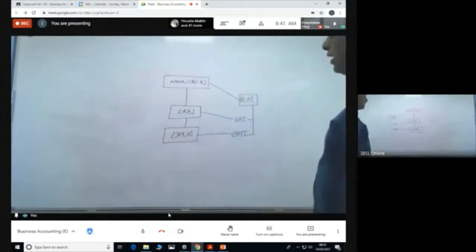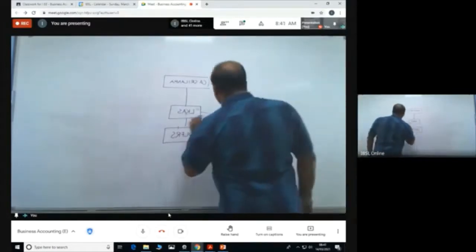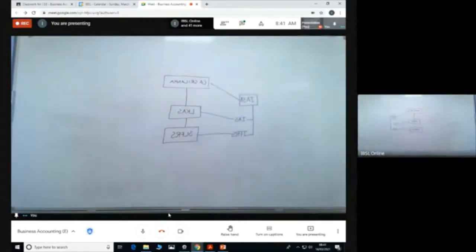So Sri Lanka Financial Reporting Standards, and LKAS is Lanka Accounting Standards. Mostly these two are the accounting standards. So CA Sri Lanka is the accounting standard setter.